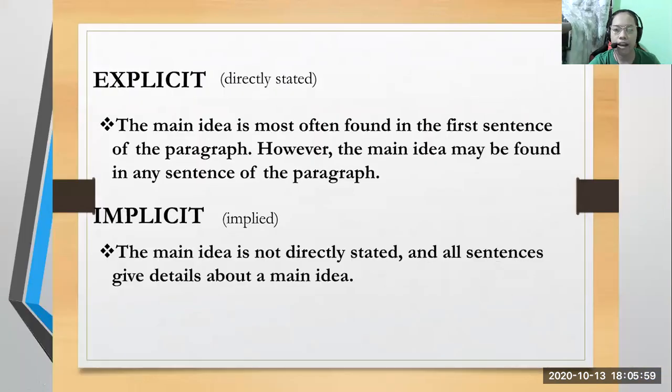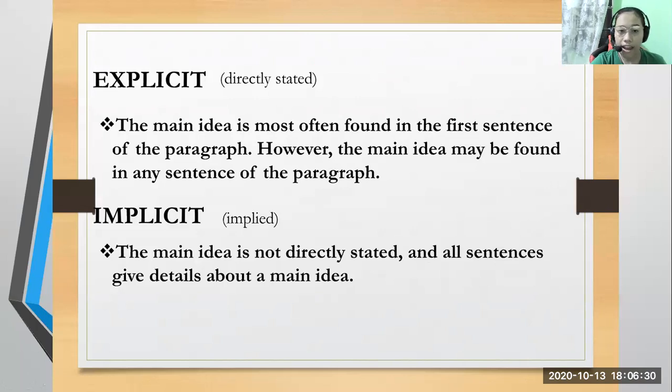Now, we have two kinds of main idea. One is explicit and the other one is implicit. When we say explicit, it is directly stated. In other words, you can read the main idea in the text itself. It is stated there. On the other hand, implicit is the counterpart. When we say implicit, you cannot read the main idea in the text.